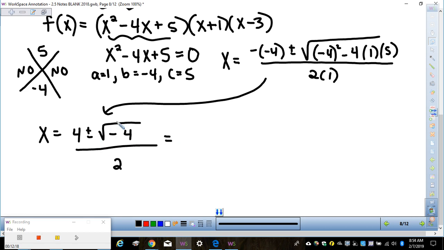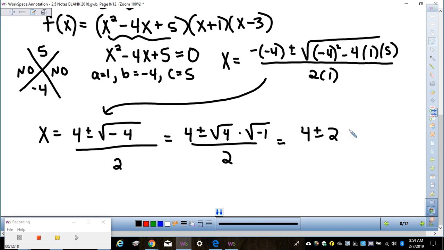So that's the key there, that any time we're doing the square root of a negative, it's representing an imaginary number. So we could split this into the square root of 4 times the square root of negative 1, because the square root of 4 is 2, and the square root of negative 1 is i. Then again, we can divide each part of the numerator by 2, and we get 2 plus or minus i.